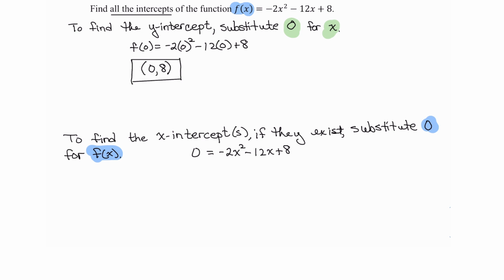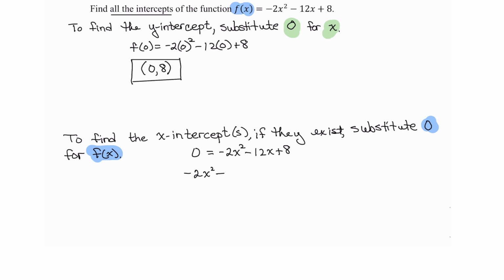Notice here my coefficients all are evenly divisible by 2, and in fact they're divisible by negative 2, which I want to do because I always like the lead coefficient to be positive. And I'm going to write this so that I have the variable terms on the left set equal to 0 on the right, just to make it more comfortable to work with.